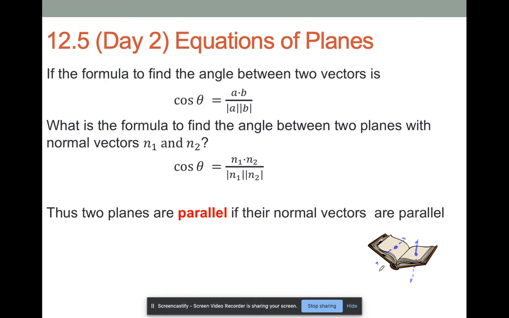Those 2 vectors are not parallel. However, can you imagine that if you laid this book flat, those 2 vectors would both be pointing directly up or directly down, and they would be parallel? Which means kind of like thinking of one side of the book as plane 1, and this is plane 2.